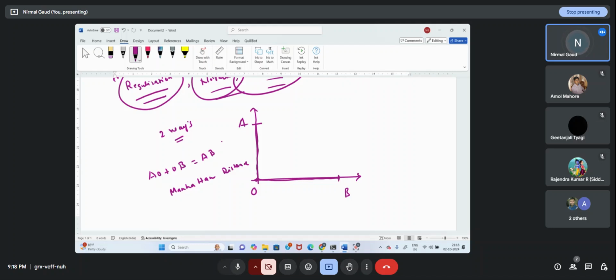One more thing is you can calculate the shortest distance. You can come directly, where you take the square root of OA square plus OB square. That is your AB. It's called Euclidean distance.